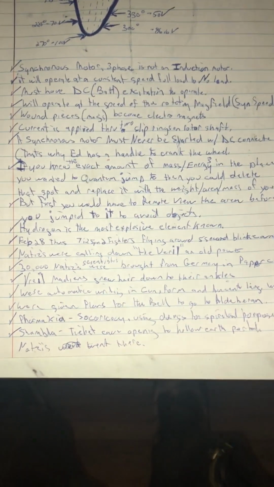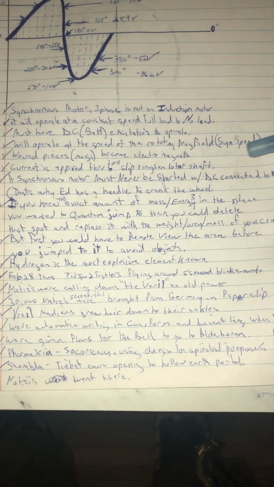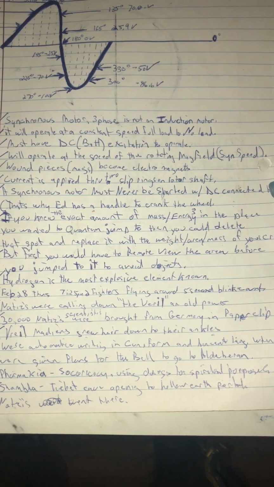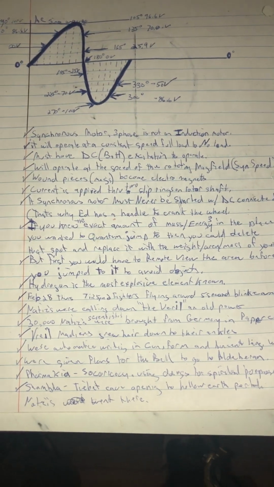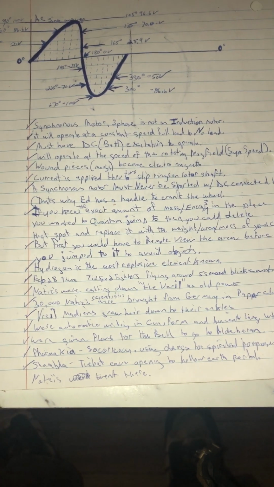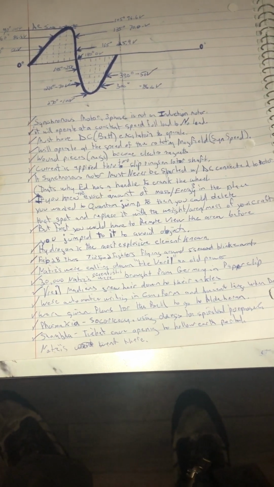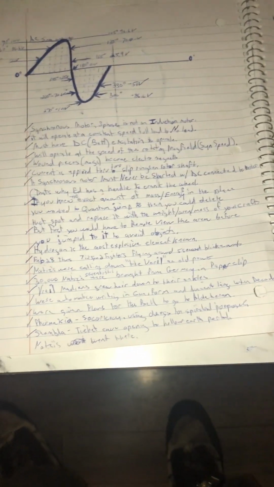Okay, so if you knew the exact amount of mass divided by energy in the place you wanted to jump to, then you could delete that spot and basically replace it with the weight, area, mass of your craft. But first you'd have to remote view the area before you jump to it to avoid hitting anything.